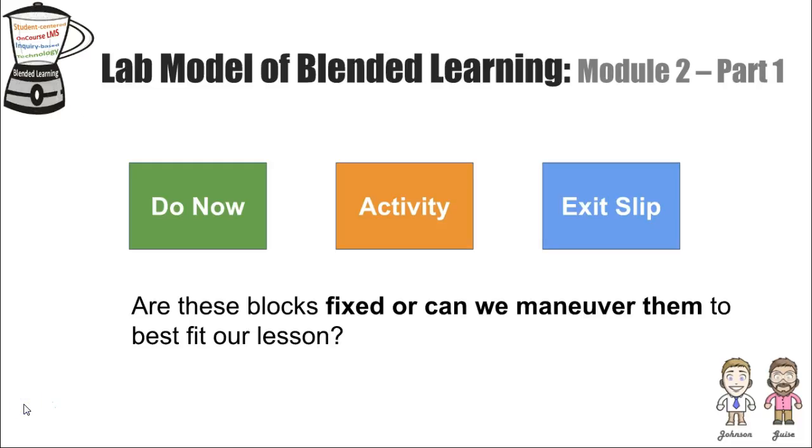When we think of the lab model of blended learning, we need to start thinking of our lesson as broken up into little blocks or chunks of time. So in this picture we have a do now block of time, an activity or main bulk of the lesson block of time, and an exit slip block of time. The main question that we want to take away from this is, are these blocks fixed, or can we maneuver them around to best fit our lesson?